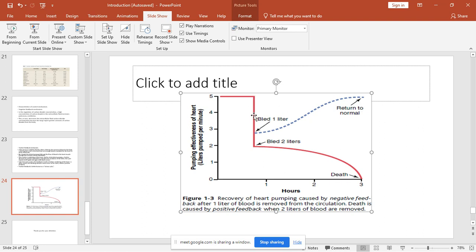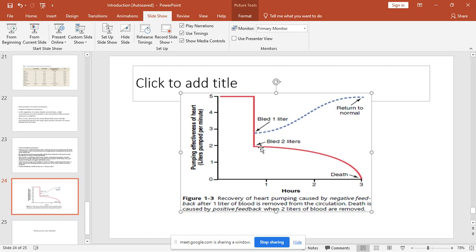But if you lose too much, in this case 2 liters, the body cannot compensate because the blood loss is too much. Your heart, like we already said, cannot keep up with that increase in heart rate and contractility. Instead, it's going to become weaker and weaker because it's being perfused less and less because of the drop in blood pressure.